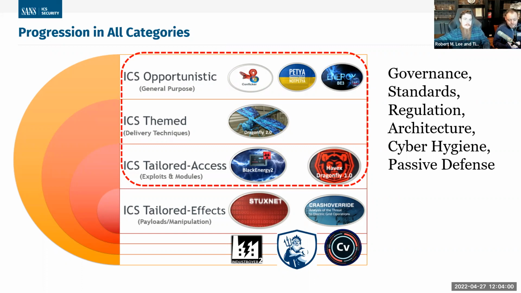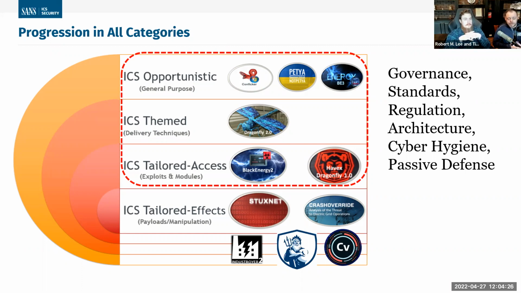They were used for access operations, for information gathering and collection. And in some cases, they had nothing to do with ICS, but they made their way into industrial control system environments due to poor architecture, due to allowed communications into the process environment. That ICS general purpose opportunistic stage is what we were used to dealing with for a very, very long time, and it's where our defenses needed to be.